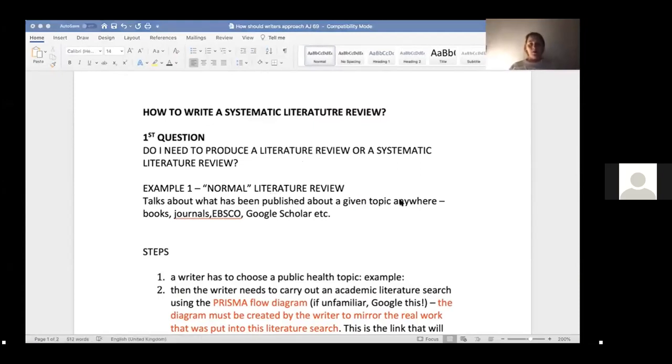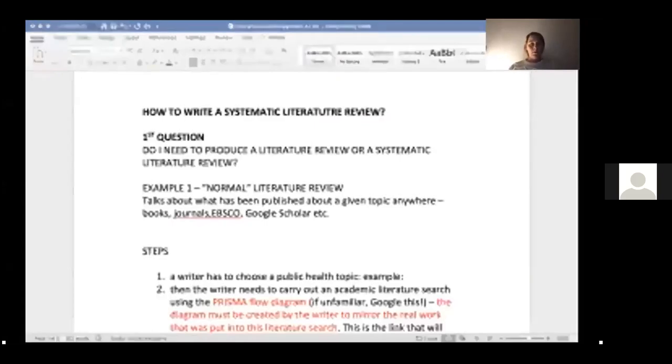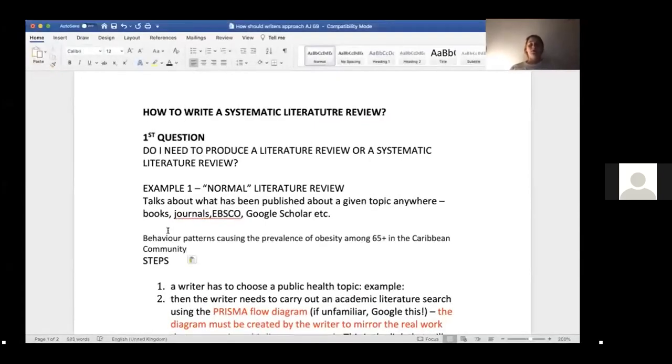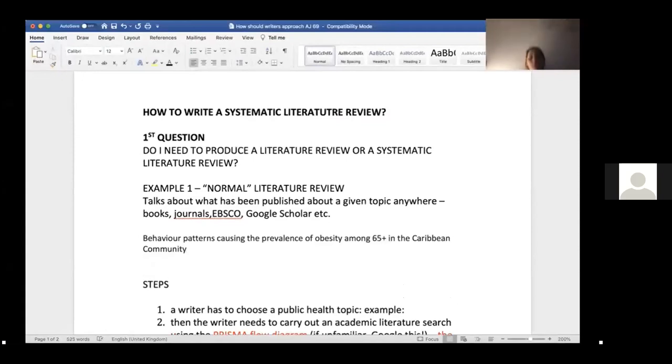So the topic that you may be asked to write a normal literature review on will be behavior patterns causing the prevalence of obesity among 65 plus in the Caribbean community.